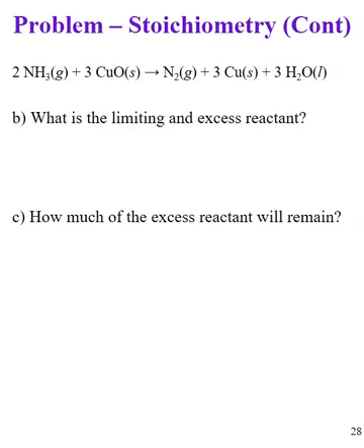Now we have to answer the next questions. What is the limiting and excess reactant? Okay, I'm going to abbreviate this as limiting reactant and excess reactant. Now remember, reactants are found on what side of the equation? These are found on the left side.